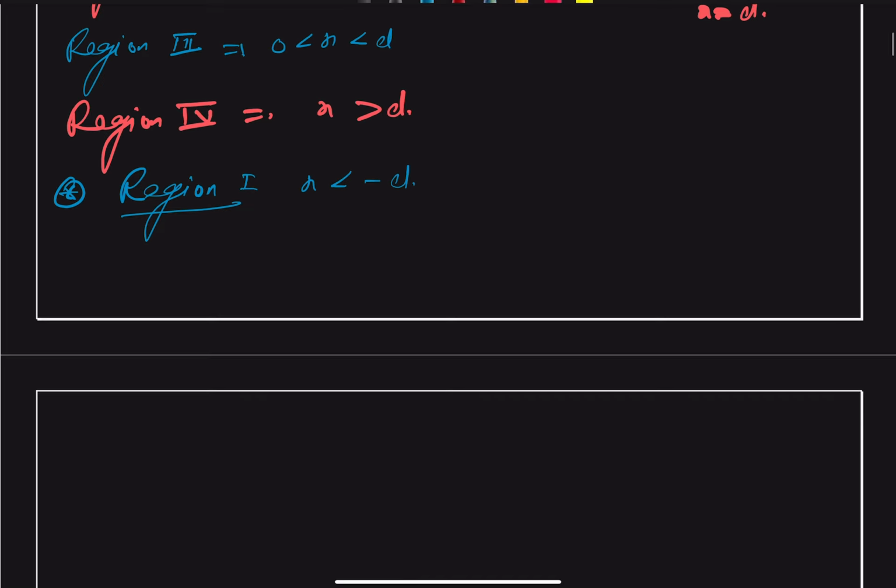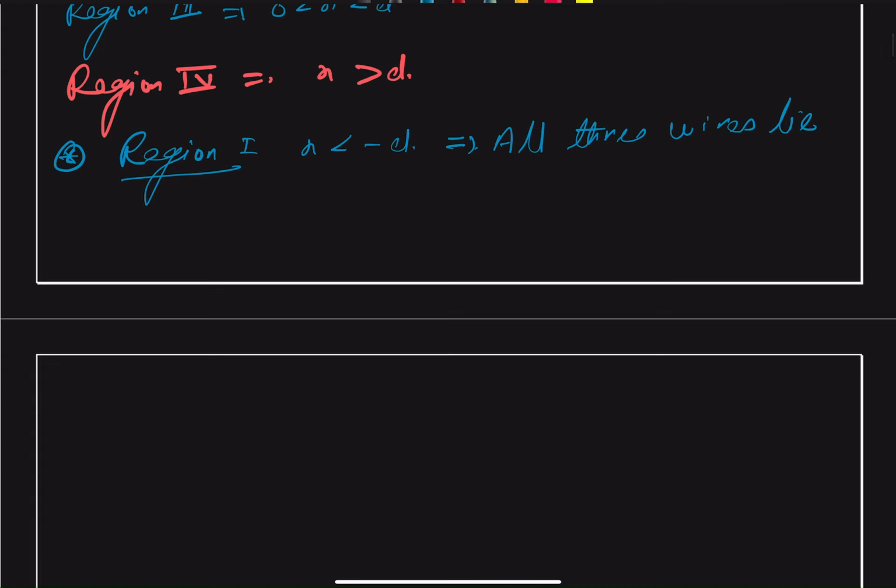From here we can draw one important conclusion, that all 3 wires lie to the right of the point.